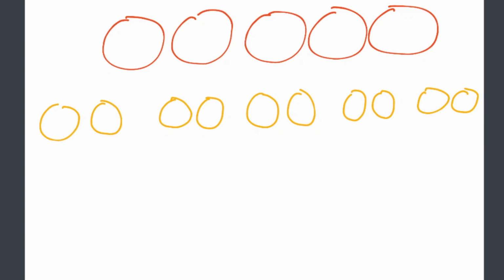So the ratio of apples to oranges can be 5 to 10. So 5 apples to 10 oranges. But if you notice, we can simplify this. 5 and 10 can both be divided by 5, right? 5 divided by 5 is 1, and 10 divided by 5 is 2. So the ratio can also be viewed as 1 apple for every 2 oranges.